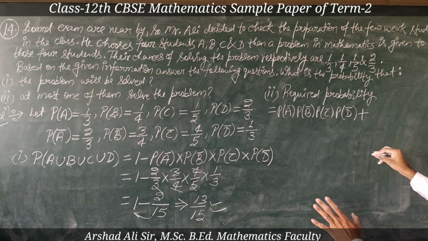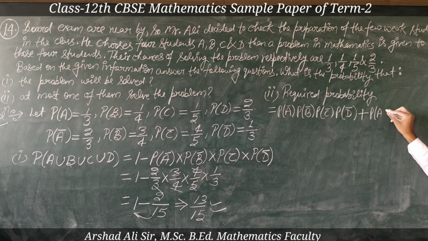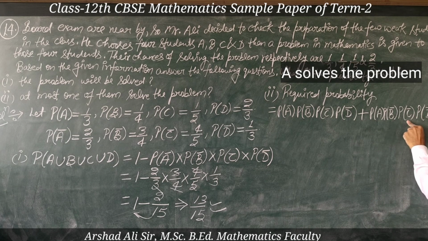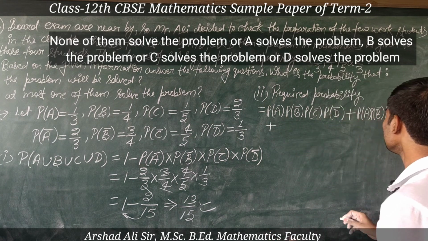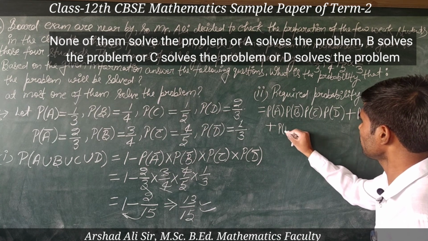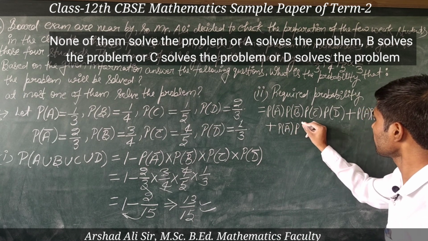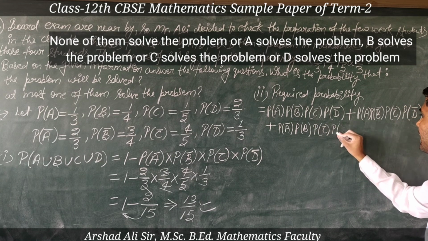Okay, or means plus. A solved the problem. So P(A), P(B bar), P(C bar), P(D bar). It means A solves the problem, B, C, D do not solve the problem. Plus, now this time A does not solve the problem, B solves the problem. So we will write P(A bar), P(B), P(C bar), P(D bar).